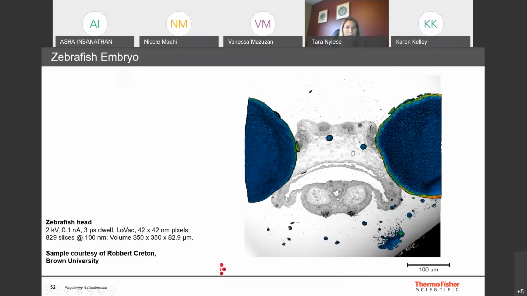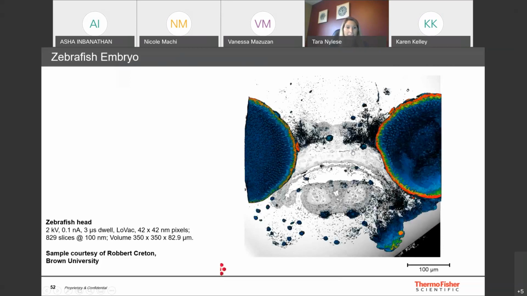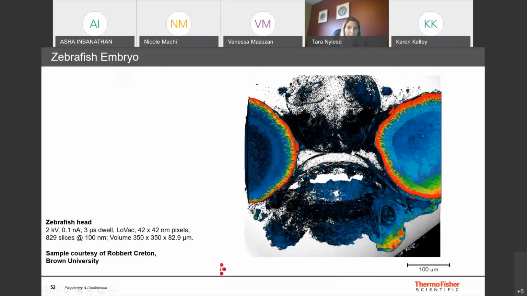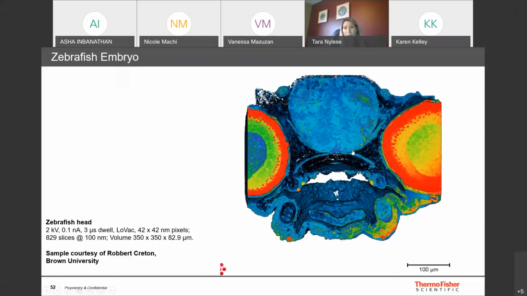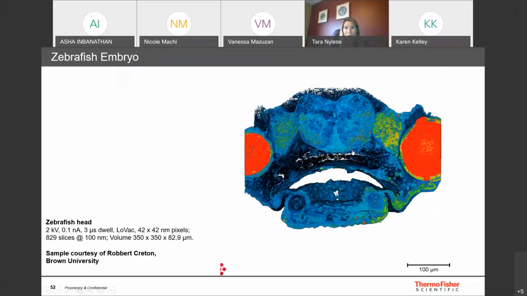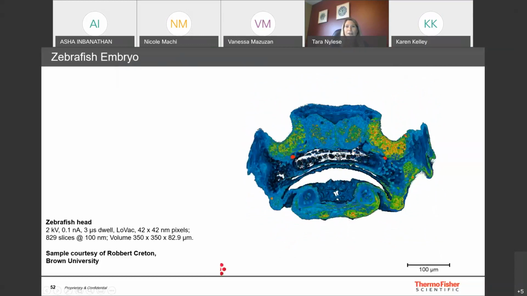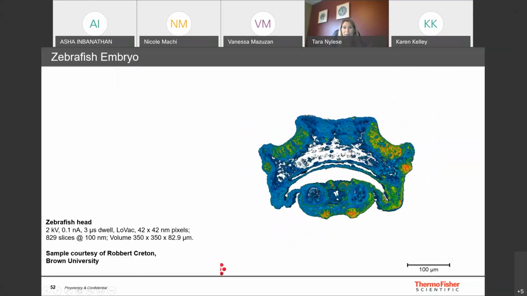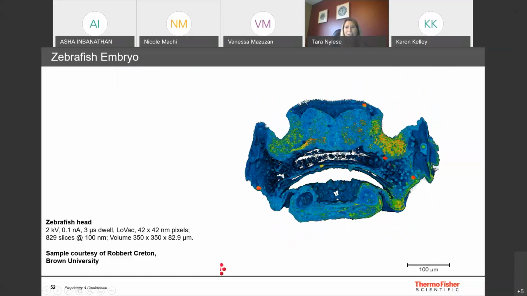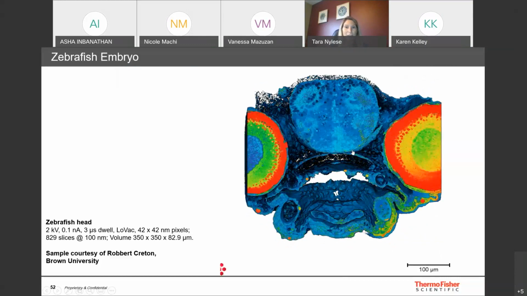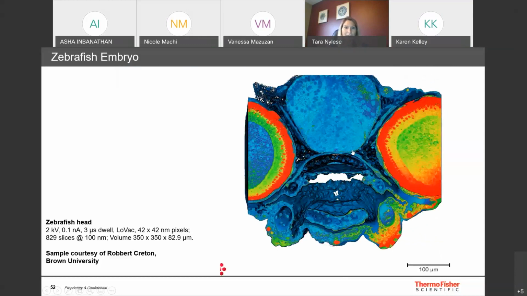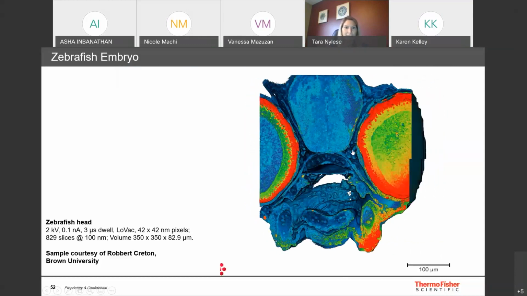And here's an example where there were 829 slices for this one. The slices are much larger, so 100 nanometers or thicker, and this allows you to cover much greater space, especially compared to something like FIB-SEM, which would only be a few nanometers in thickness for each of the Z stack slices.